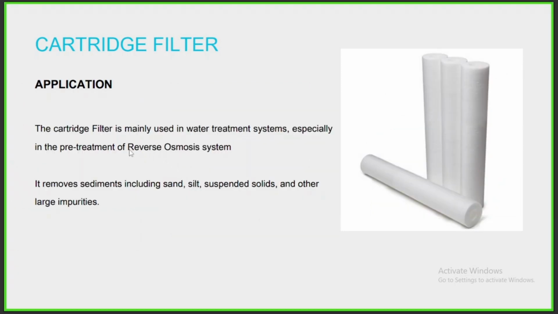The cartridge filter is mainly used in water treatment system, especially in the pre-treatment of reverse osmosis system. It removes sediments including sand, silt, suspended solid and other large impurities.